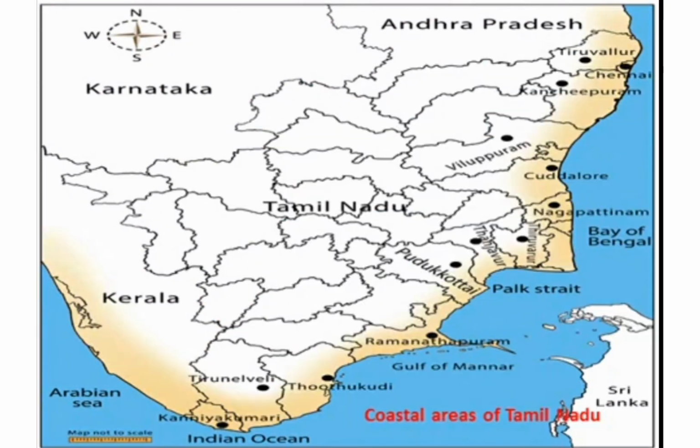Look at the map, children. Coastal areas of Tamil Nadu, that is Cuddalore, Nagapattinam, Ramanathapuram, Thoothukudi, are some coastal regions that we call coastal plains or Cholamandalam plains.